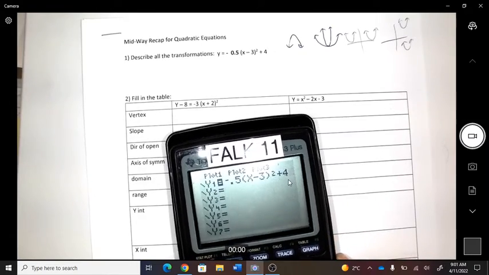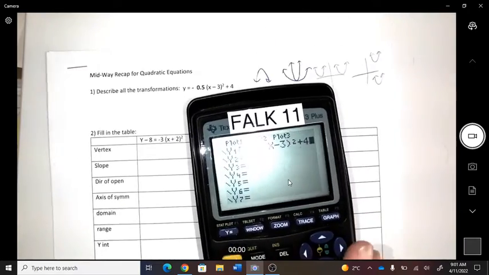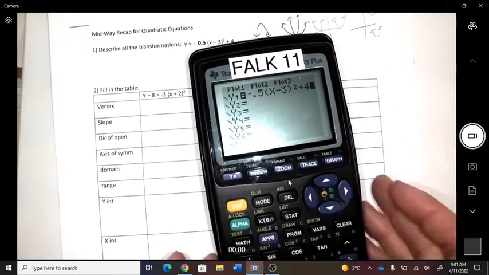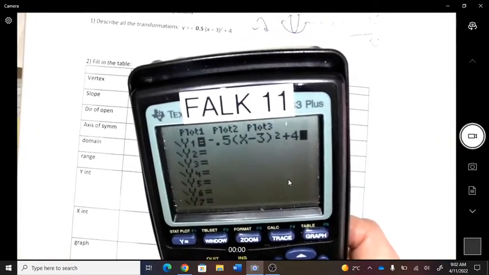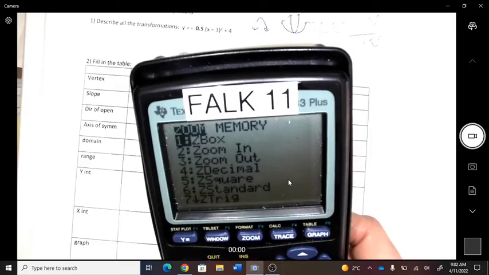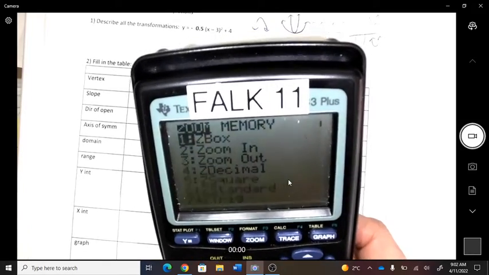So y equals, so that's a negative sign. Okay, so I'm going to zoom option 6, because then it's just going to be a standard grid, a 10 by 10.